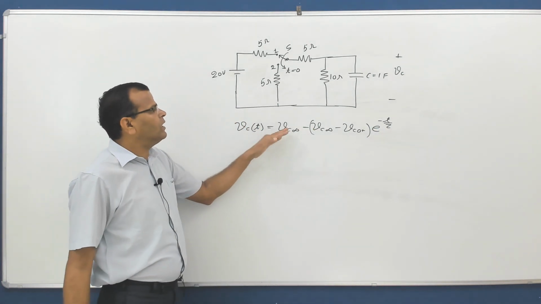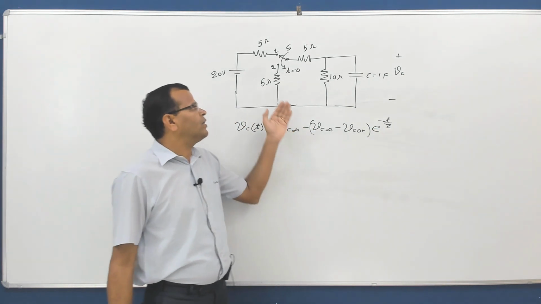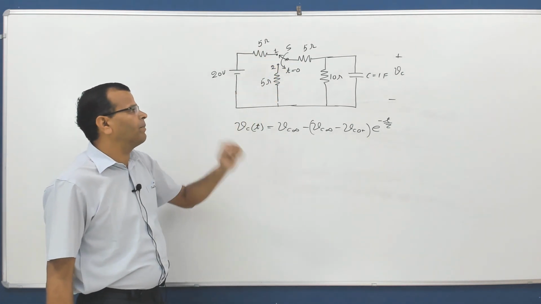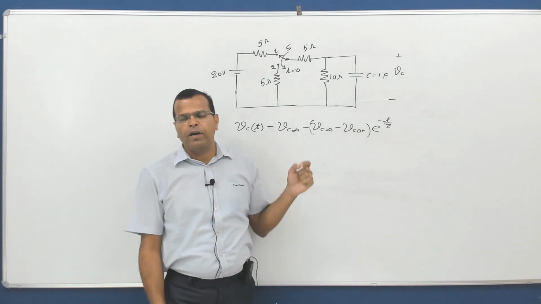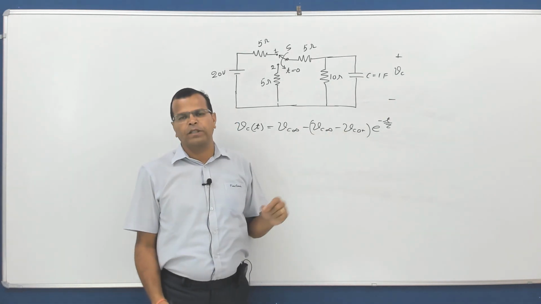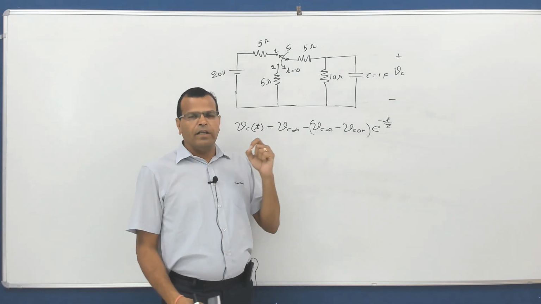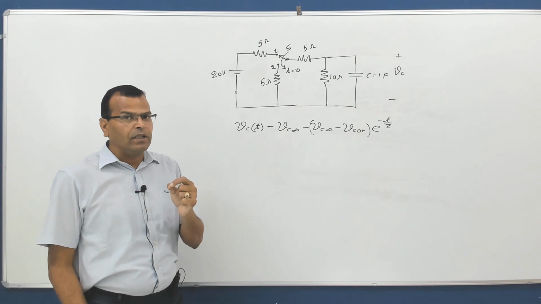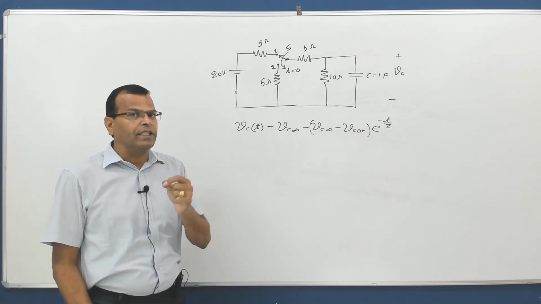For finding these three parameters, I need to draw the equivalent circuit for different instants of time. The very first step in a first order circuit is to find Vc(0+). Remember, there is an important point here. Voltage across a capacitor cannot change instantaneously.